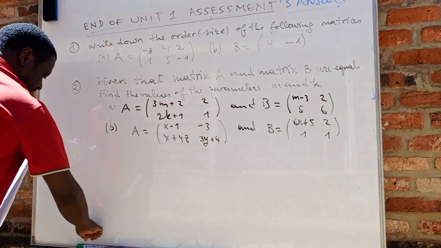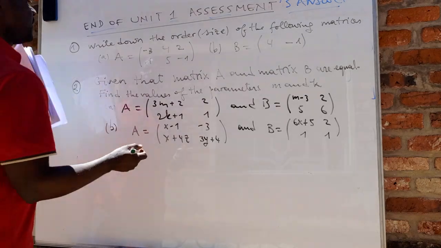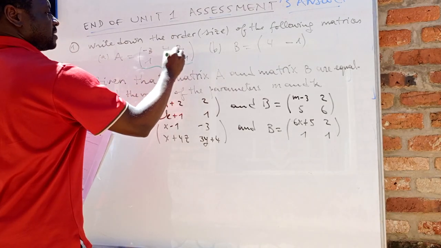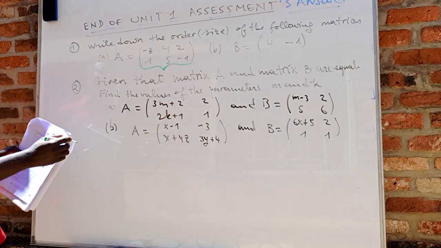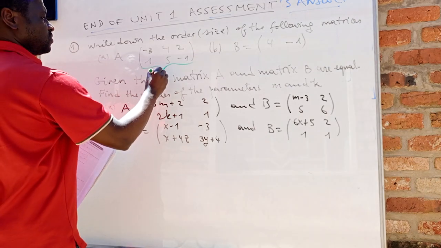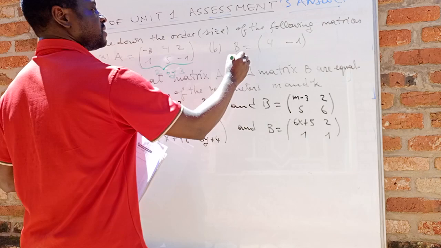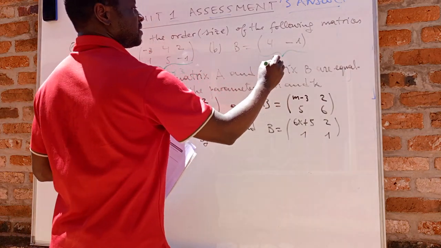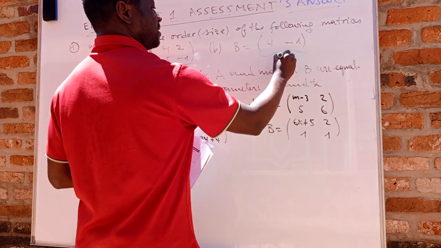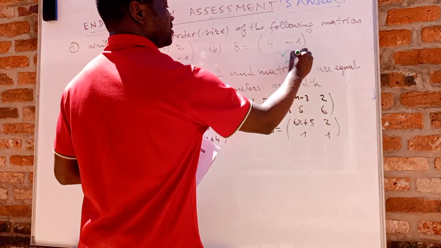So now here, what is this matrix? Its size is a 2 by 3 matrix. This is a 1 by 2 matrix.